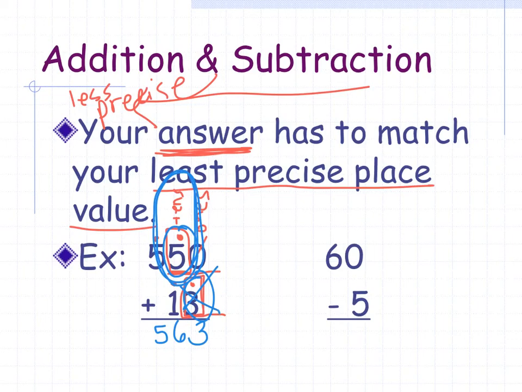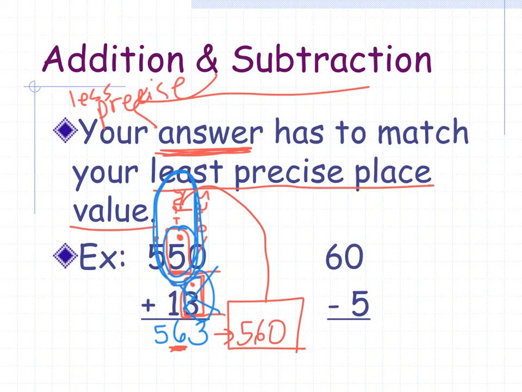And so we have to look at the tens place, and we have to tell ourselves that the 6 is in the tens place, and so I have to round 563 to the nearest tens, and so that just so happens to be 560. So now my answer matches my least precise place value of the tens.